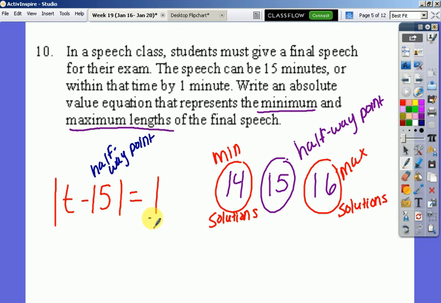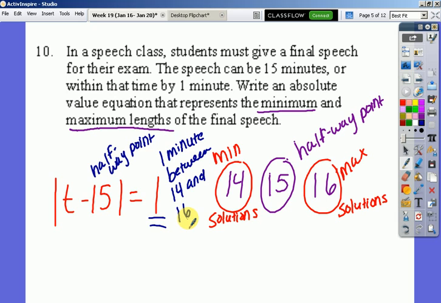The 1 minute is between the 14 and the 16, right? One minute between 14 and 16.